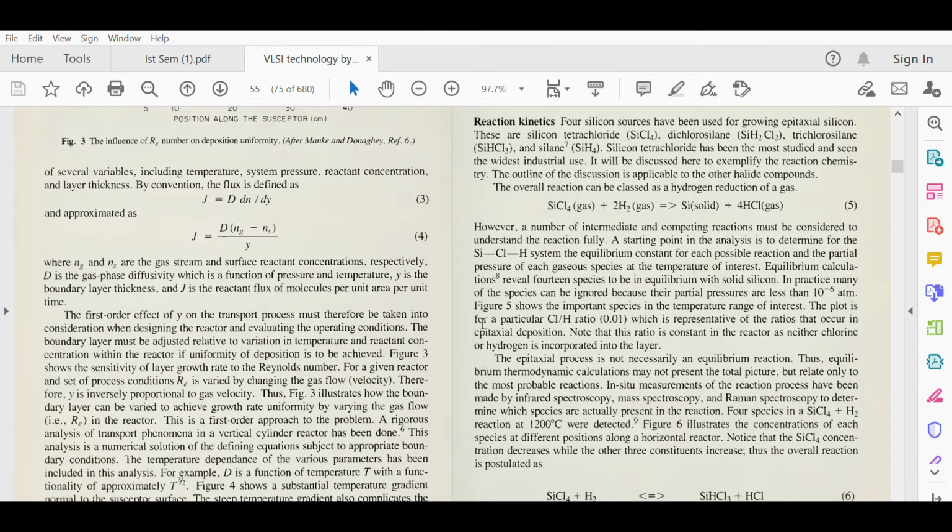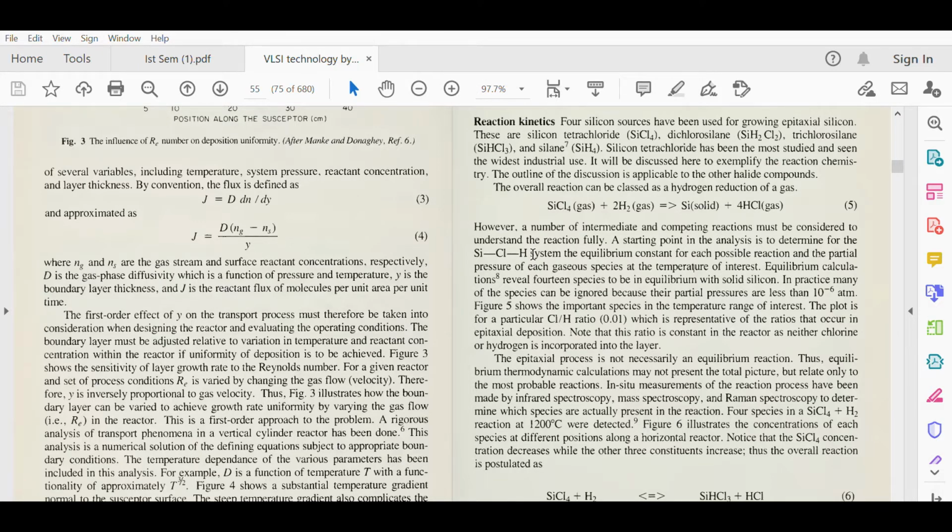The plot is for a particular Cl/H ratio, that is 0.01, which is representative of the ratio that occurs in the epitaxial deposition. So whenever this reaction takes place, a lot of subproducts are produced, but those subproducts are not important for us.